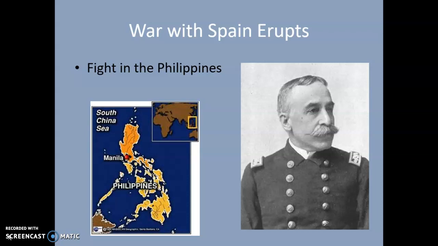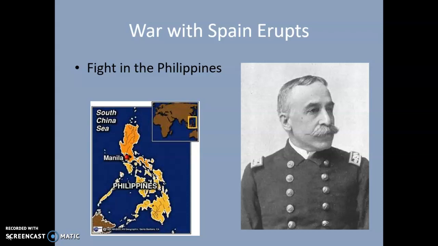So it's like we're not fighting the Filipino people, we're fighting the Spanish at the Philippines. The U.S. fleet will sail into the Philippines, where the Filipino people will actually help the Americans, because they hope that if the Americans overthrow the Spanish successfully, they will then gain their independence.